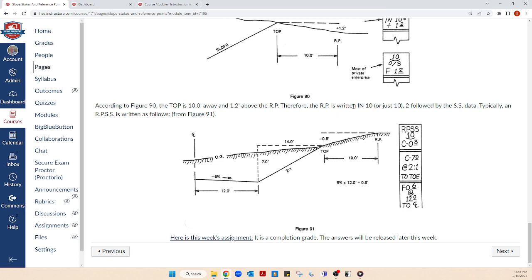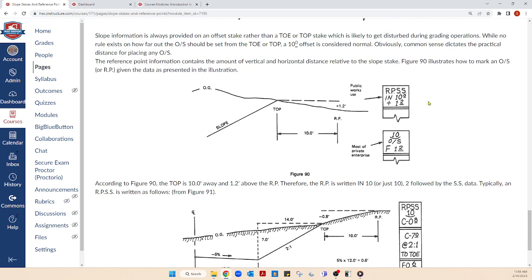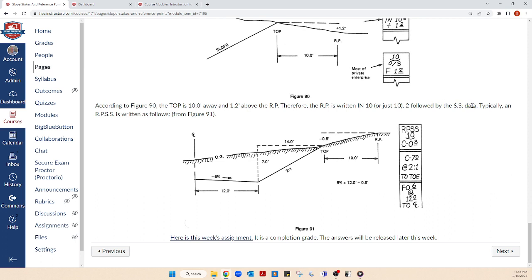Therefore, the RP is written in 10, or just 10, followed by the slope stake data. I don't know what 2 means; it doesn't matter. There's the slope stake data right there, which is this data from here all the way down the stake.